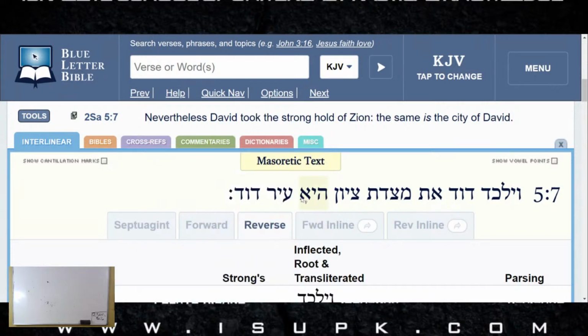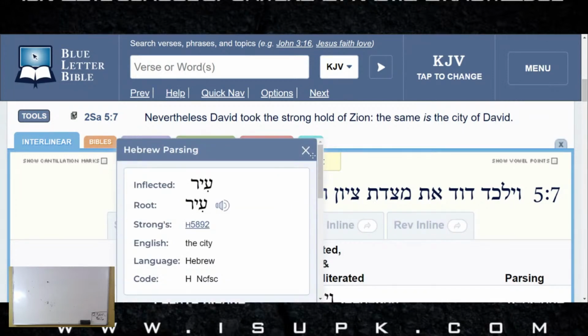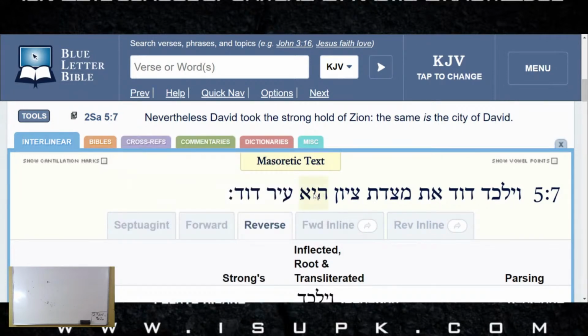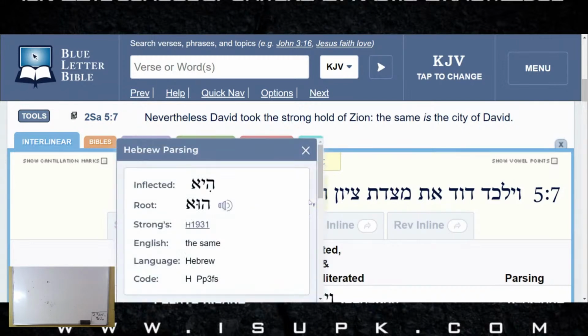Haya'ah, the same. The root word was hawa'ah, a verb to be. It also means he. This is actually she. Haya'ah, right? It's the feminine.